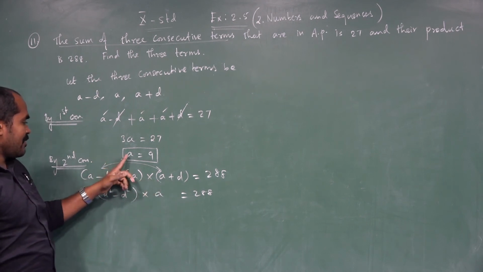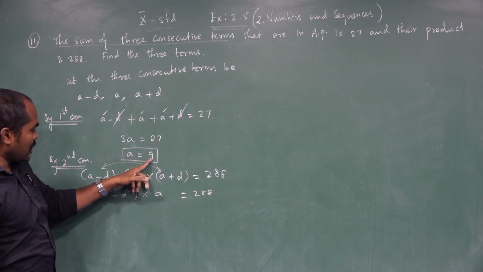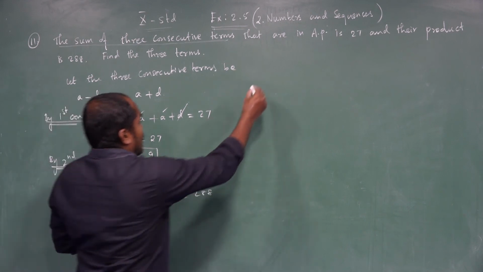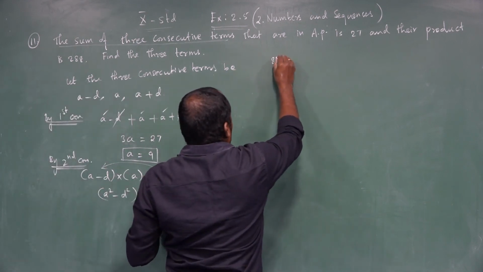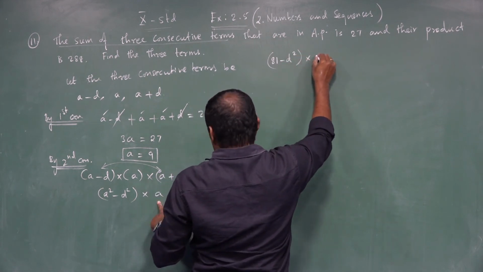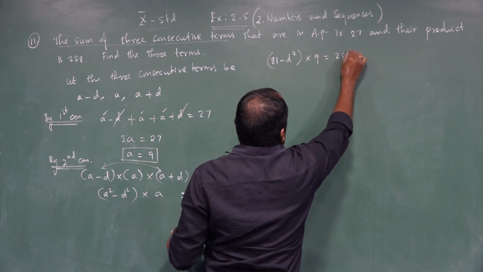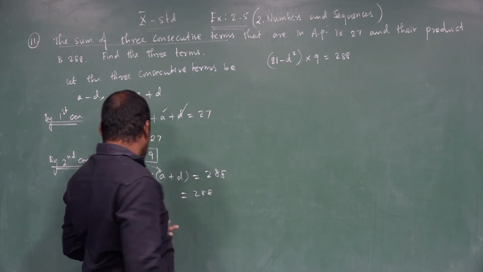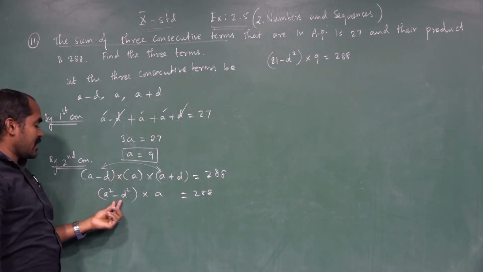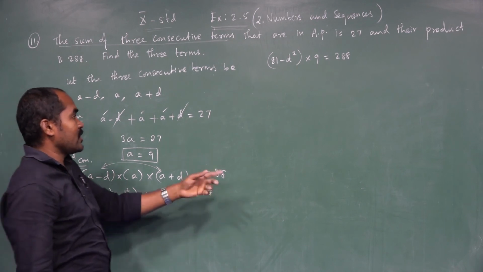So A square minus D square into A equals 288. We know the A value is 9, so substitute. 9 square is 81, so 81 minus d square into 9 equals 288.